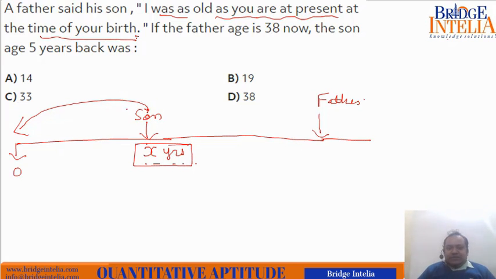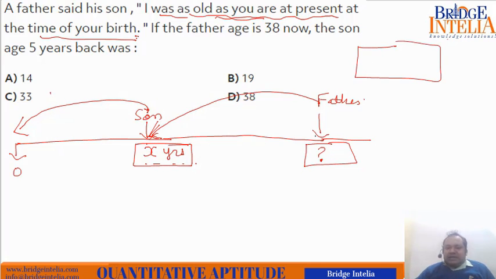So father will also shift back by X years only, which takes father exactly to this spot. Let's call father's current age F.